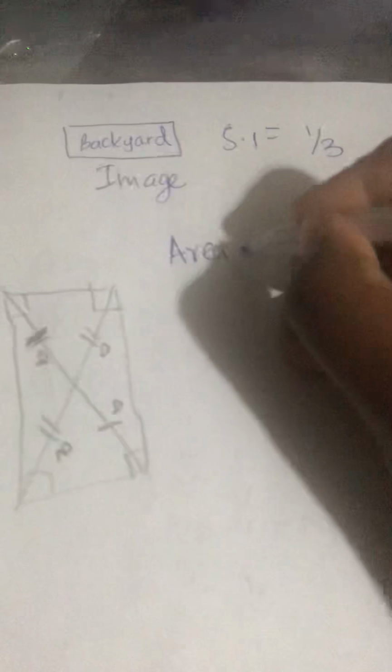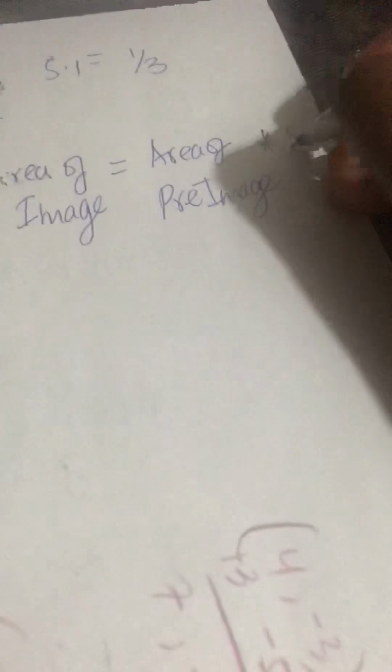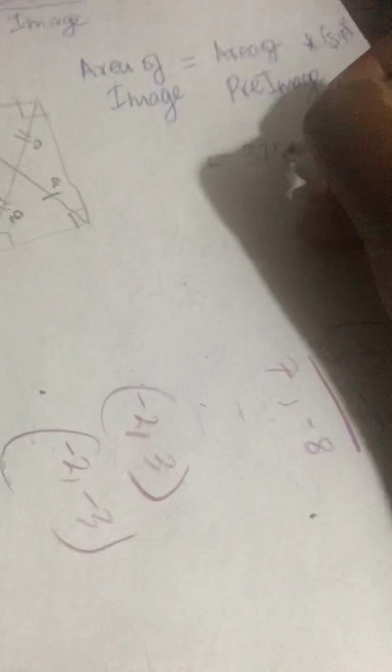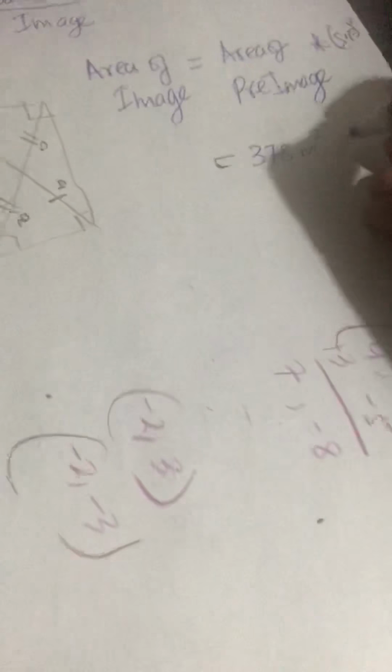Area of image equals area of pre-image multiplied by scale factor squared. So we have 378 square meters multiplied by 1/3 squared.